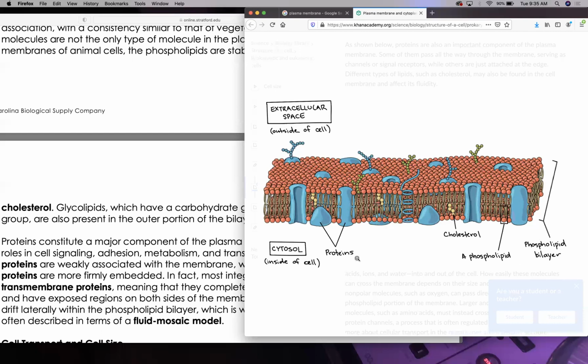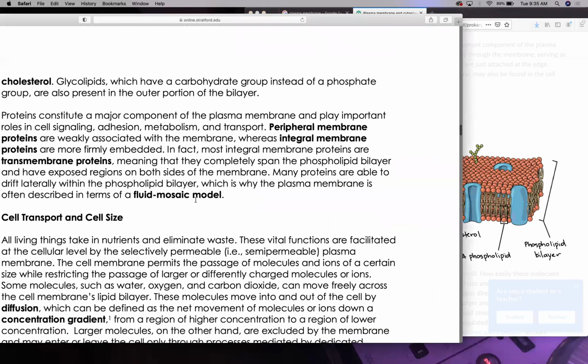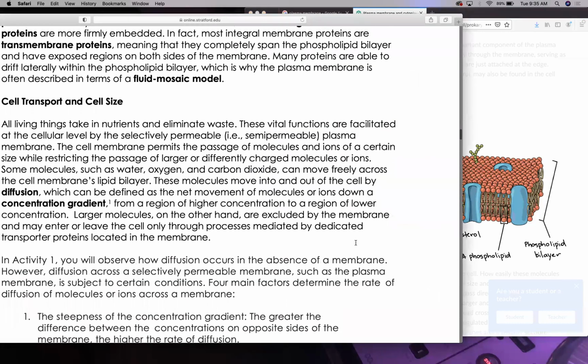So if we look at that picture, it's just a covering, but if you look closer, it's way more than just a covering. It is a gate. And it is also known as the gatekeeper. It will allow certain things in and certain things out. And since it forms like a little puzzle, that's why they call it a fluid mosaic model right here.